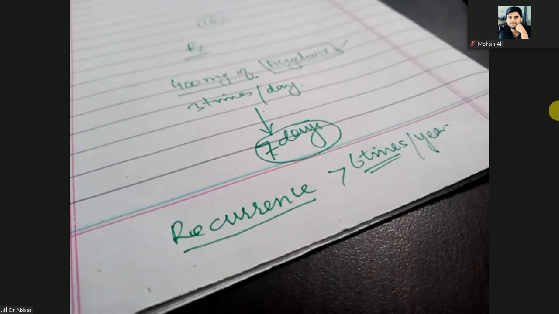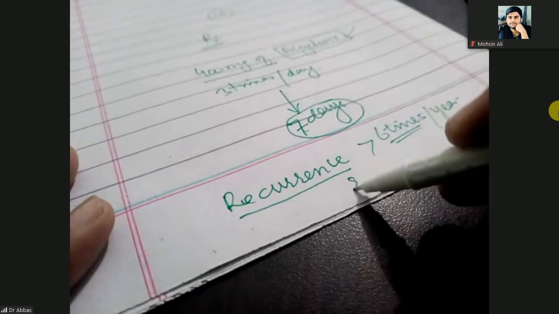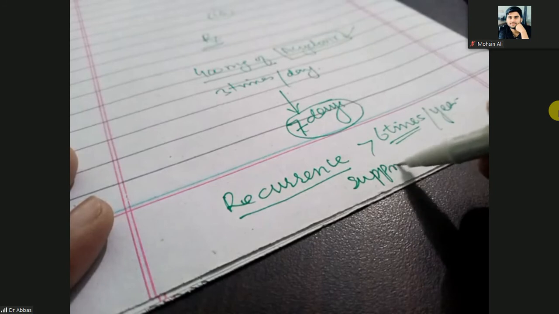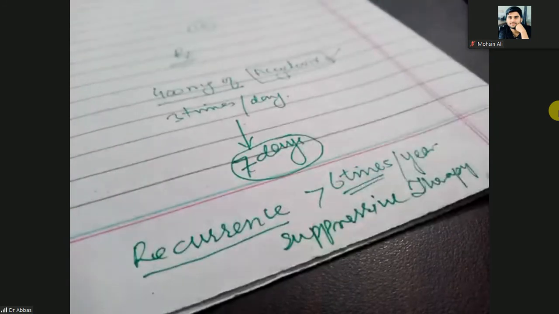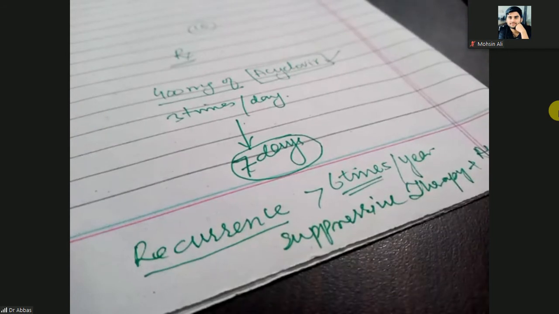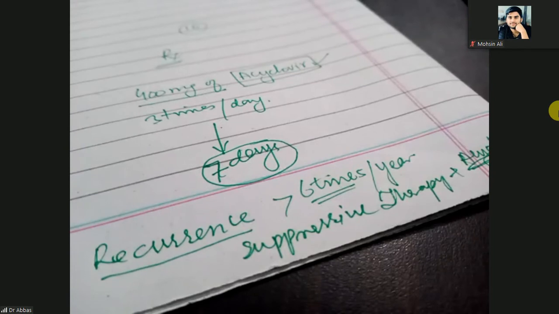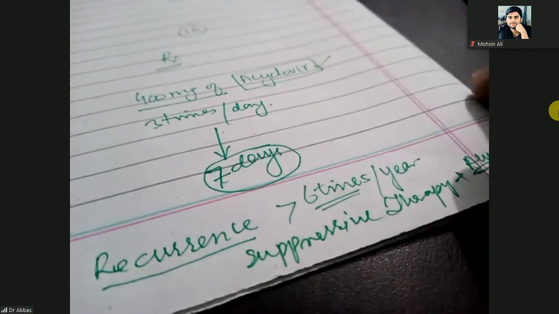You will give suppressive therapy, especially with acyclovir. It means steroid can be used plus acyclovir. That is the antiviral drug. Clear? So we have cleared the first infection.